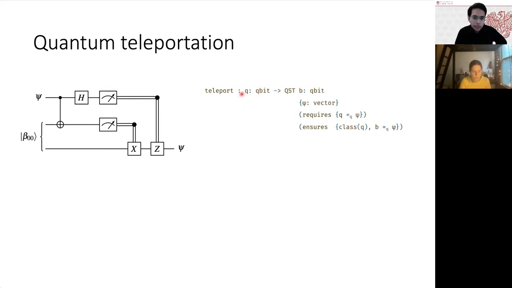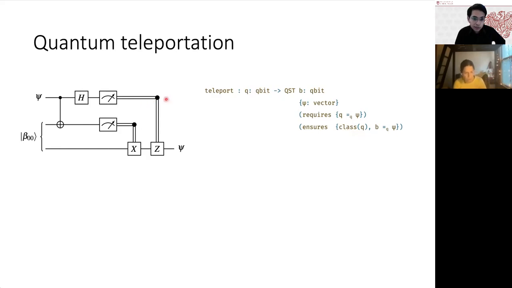So here we are taking a qubit as input, and then we are returning another qubit as output. The ghost variable is a vector psi, which is an arbitrary state. So we can say that Q, being the input, is initially in psi. And in the postcondition, we are saying that Q that was given to us will be collapsed.